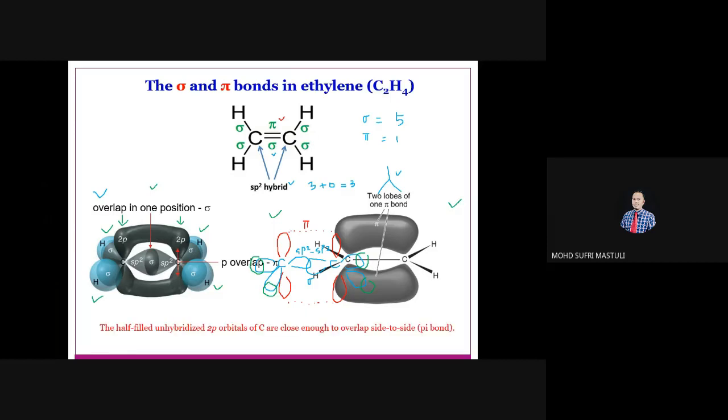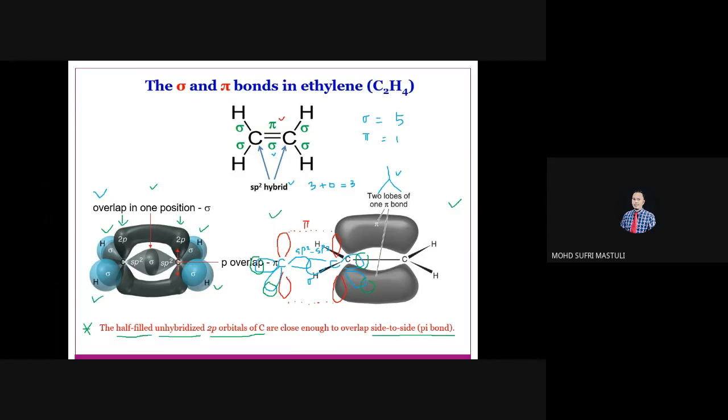So this is another important fact that you have to understand. The half-filled unhybridized 2p orbitals of carbon are close enough to form a side-by-side or pi bond.